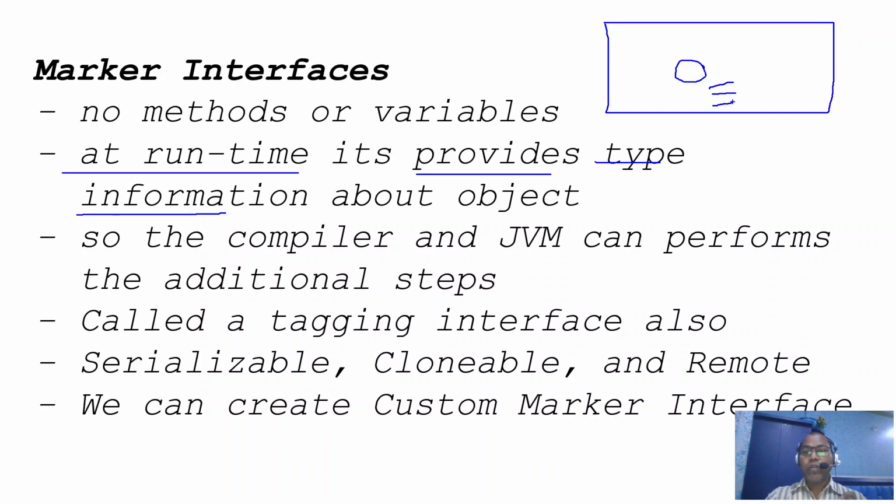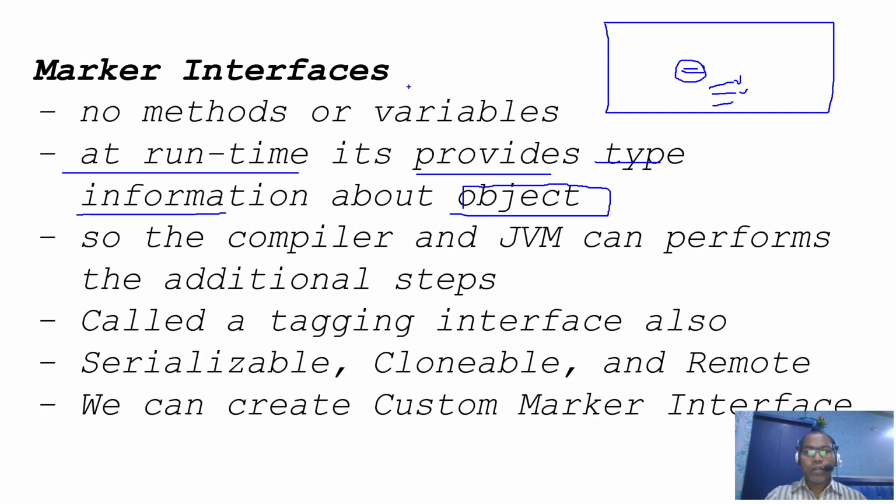So how does the JVM or compiler at runtime know that it has to perform some additional steps? The marker interface helps us define some type information about the object. So at runtime, the compiler checks this kind of type, so it can perform this.